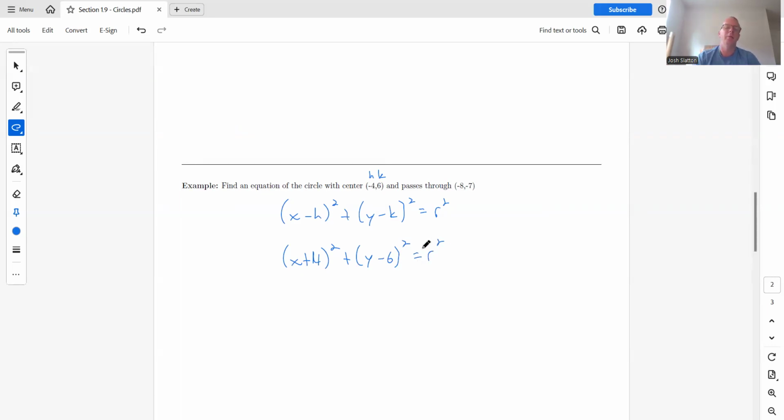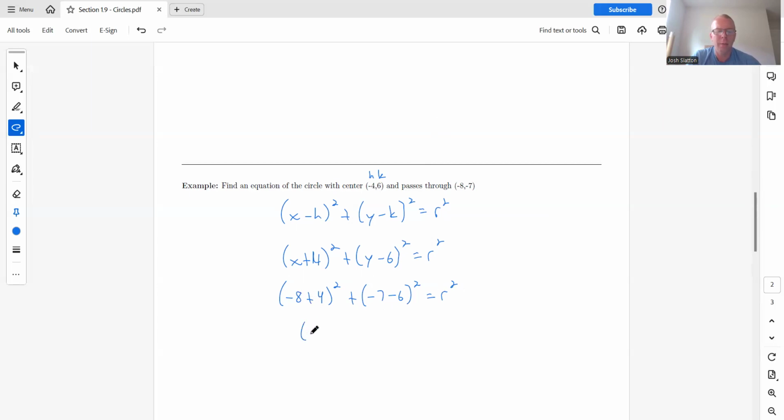Whenever you have a problem, really any type of equation where it passes through a point, you're going to plug that point in for x and y at some point. So that's what we'll do here. Plug these two in for x and y. So we have (-8 + 4) squared plus (-7 - 6) squared equals r squared.